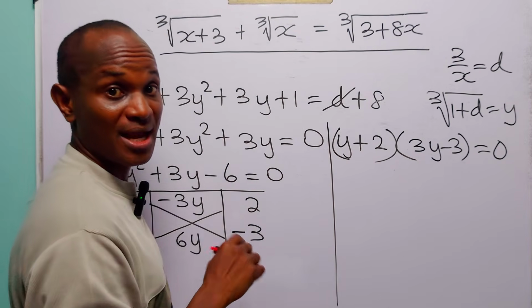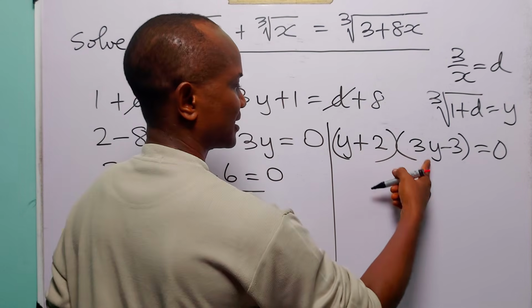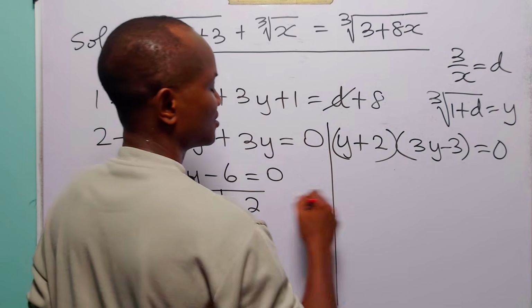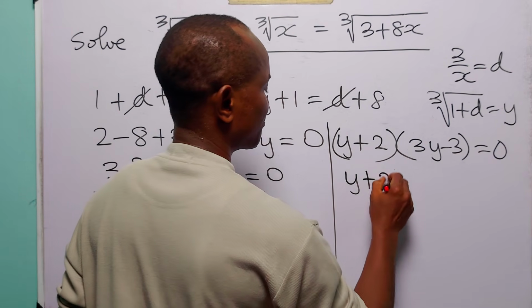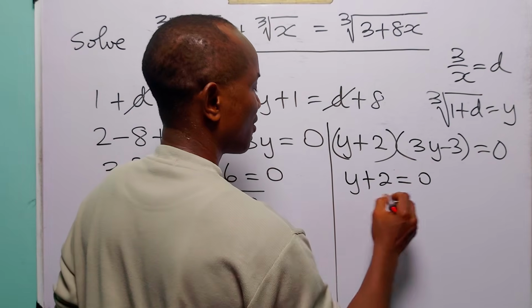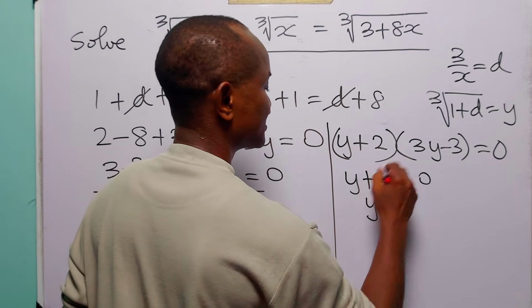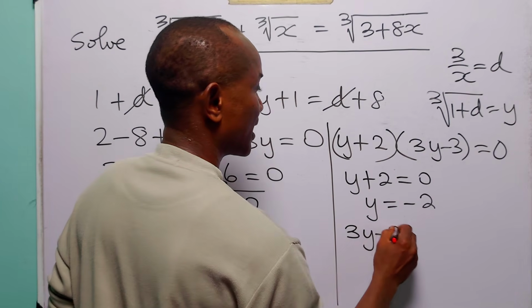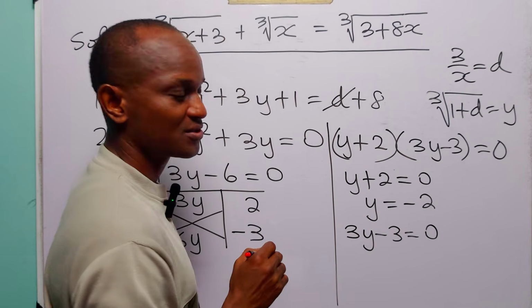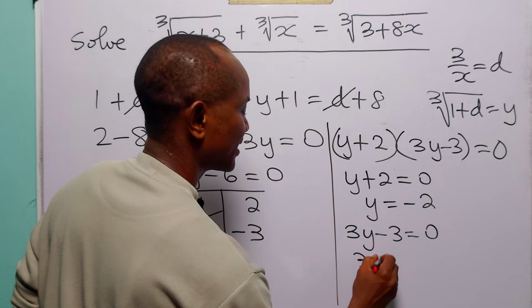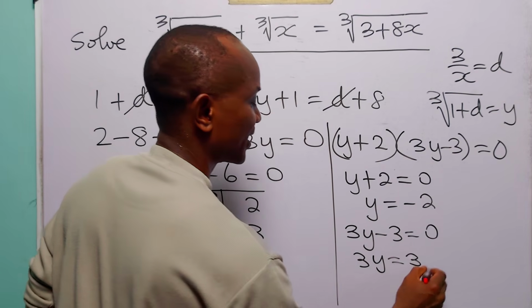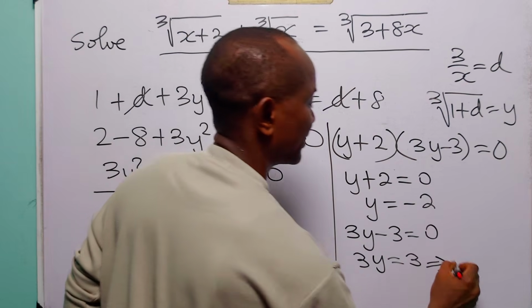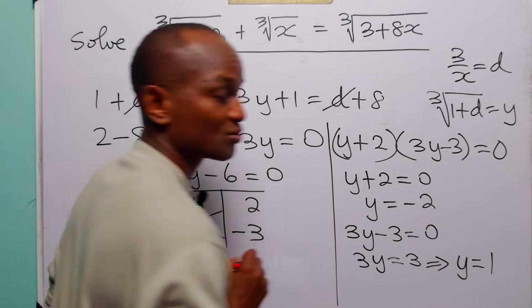And of course, from here, you know that when the product of two items is equal to 0, then one of them must be equal to 0. So we have that either y plus 2 is equal to 0, from where y is equal to minus 2, or 3y minus 3 is equal to 0, from where 3y is equal to 3, and dividing both sides of this equation by 3, y is equal to 1.